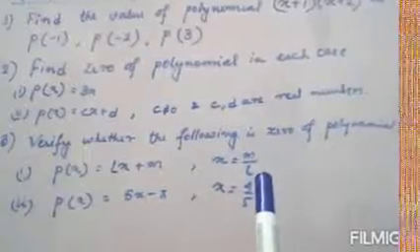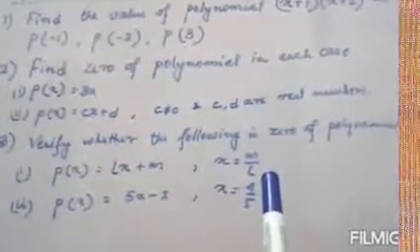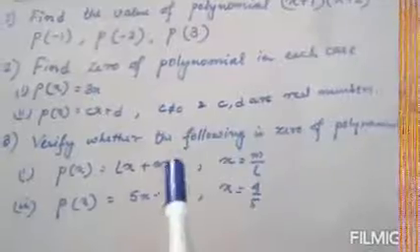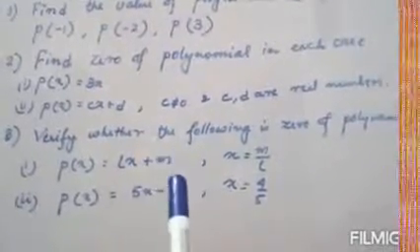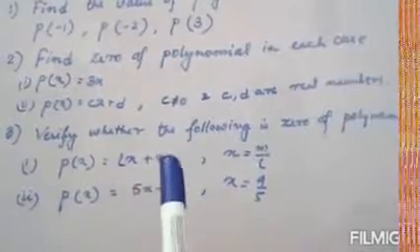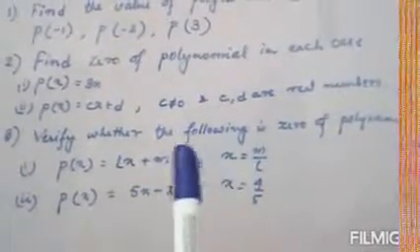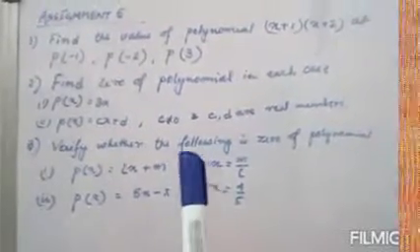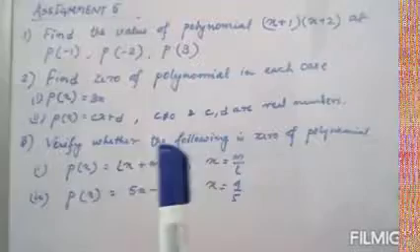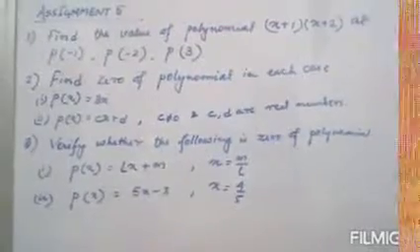The value of x is given in each case, and you need to substitute that value in the polynomial and find out whether the value is coming as 0 or not. If it is coming as 0, then it is the zero of the polynomial. If not, you have to state that this is not the zero of the polynomial.